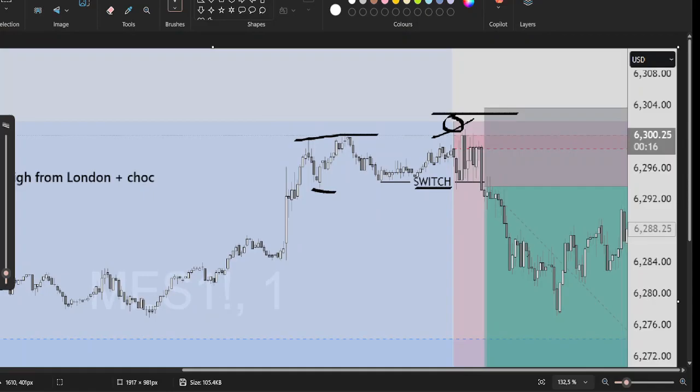I say price did not go above, or could not, or didn't want to, and that's evident on the chart because that is what we see, and it confirms when it closes below the previous strong level, and at that time it switches, right? That's why I have switch, and some people write CHoCH, some people use CISD, change in state.